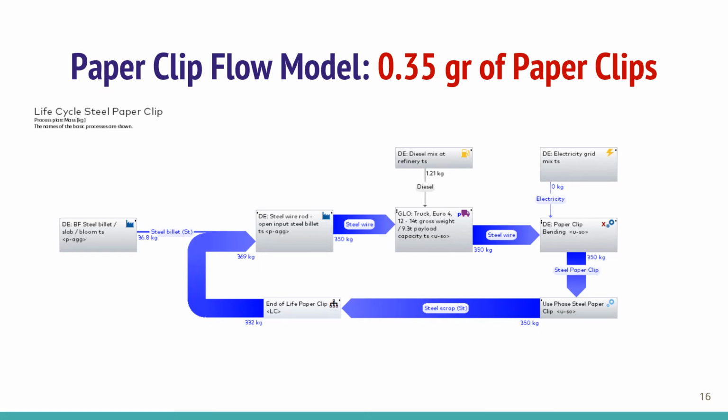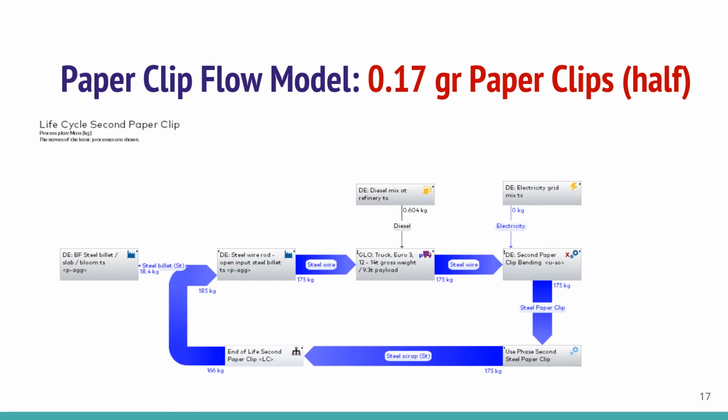So in this example, we're going to look at what happens when we take a 0.35 gram paper clip and reduce the amount of material needed, therefore making it with 0.17 grams of steel, and is there any environmental benefit we can interpret from our flow plan from doing this. So now here is our Gabi flow plan for the lighter paper clip. Everything is exactly the same except for the amount of material being used for this process.